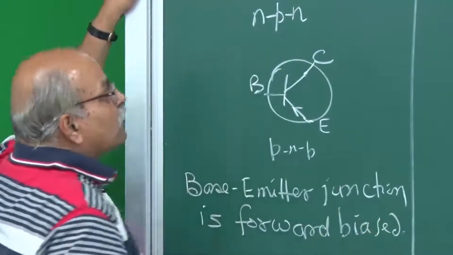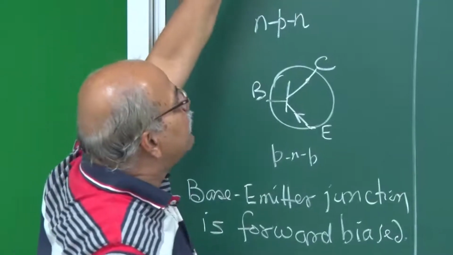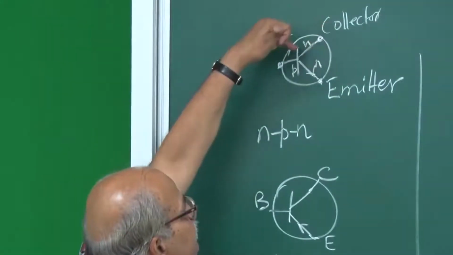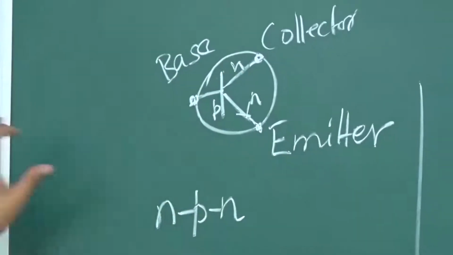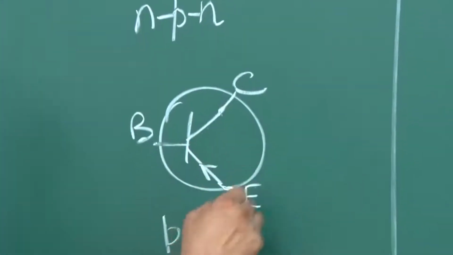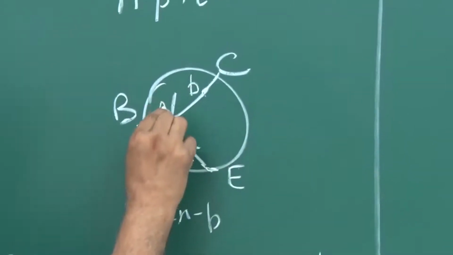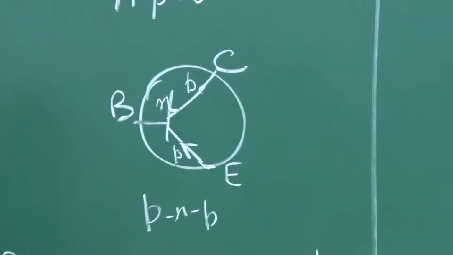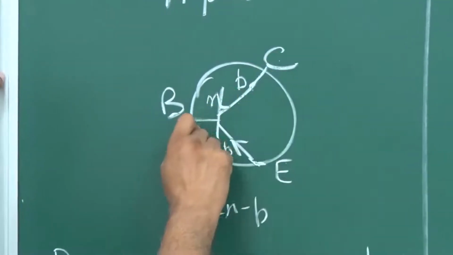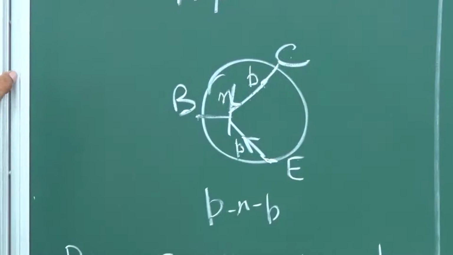And now, let me also add what happens at this base collector junction. The other junction is at the base and collector. Here, this is base, this is collector, this is PNP. So, this is P and this is N. So, this is the base collector junction. What happens here? Base collector, how do we connect that?